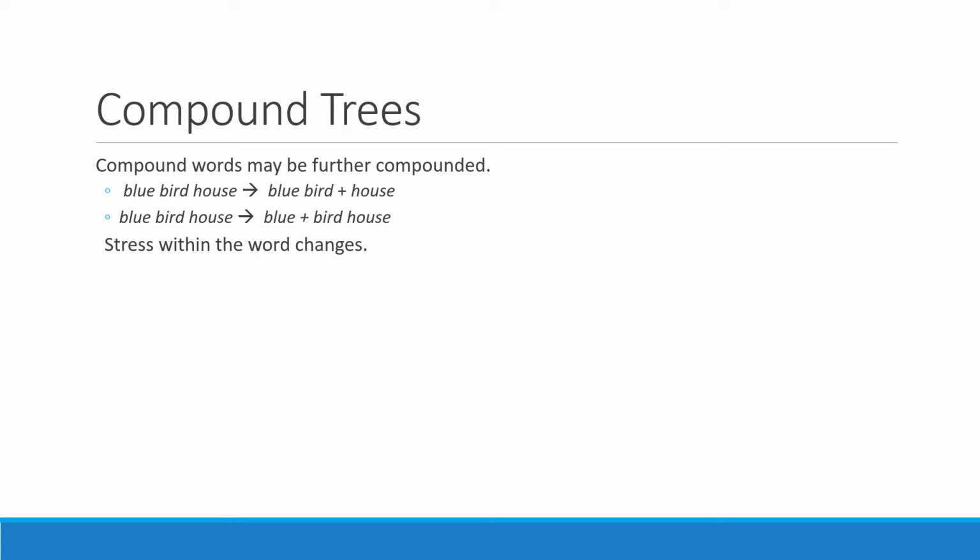But if I say I have a bluebird house, then that means I have a house that is for bluebirds, and they're different, and so their trees are going to look a little different too. See, this first one is a bluebird house, and the second one is a blue birdhouse.